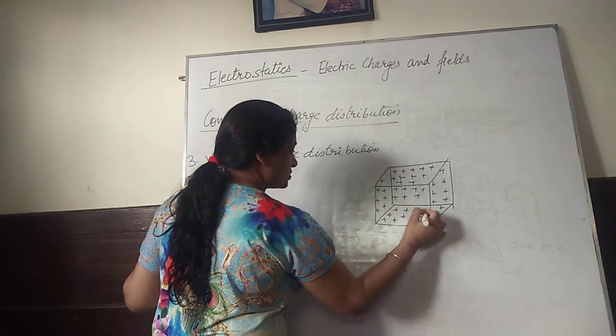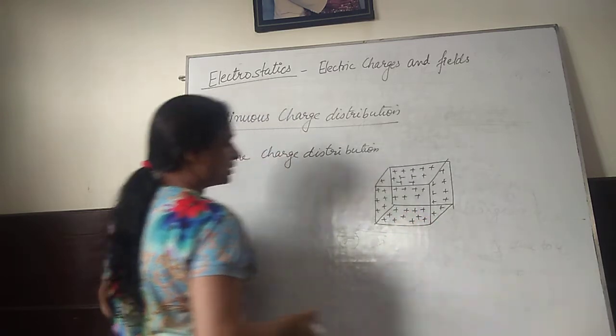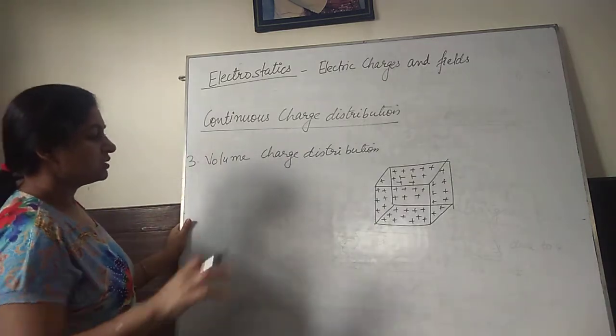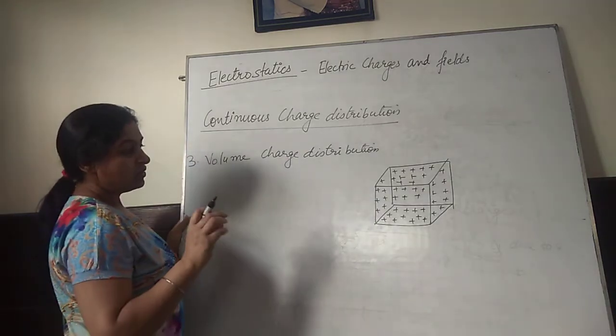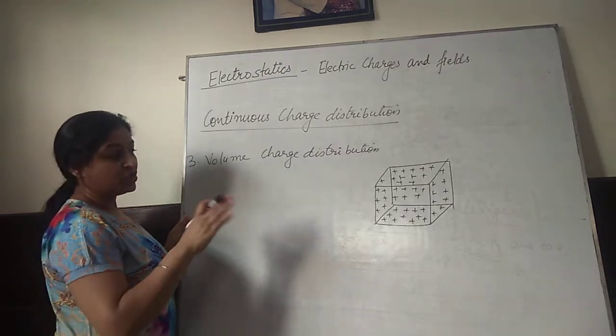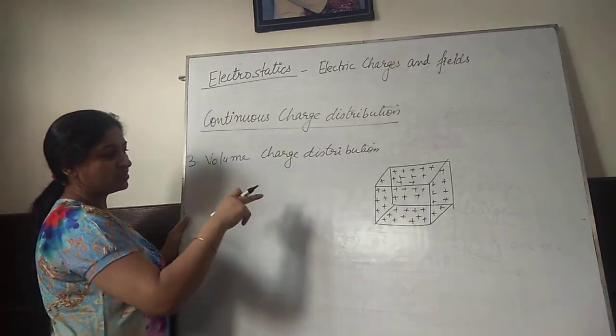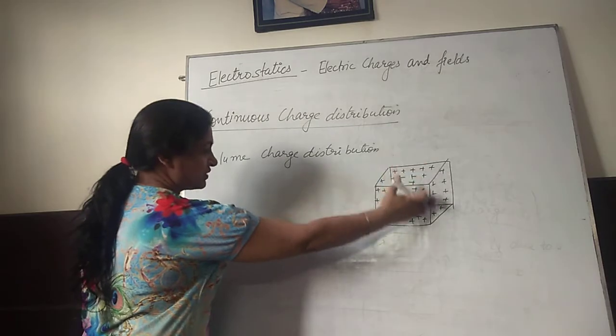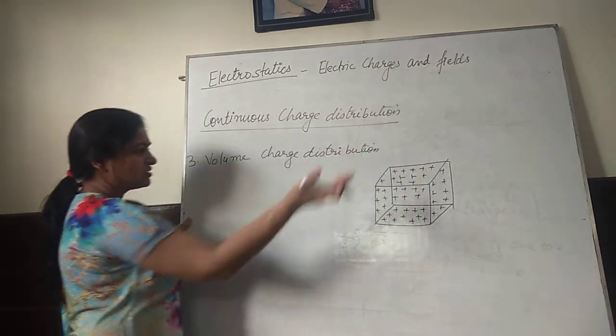It is not only on the surface. Here we are taking the solid cube, means this charge is distributed in the volume itself, not only on the surface. If we are taking only the edges, or we can say these faces, that would be the surface charge distribution.